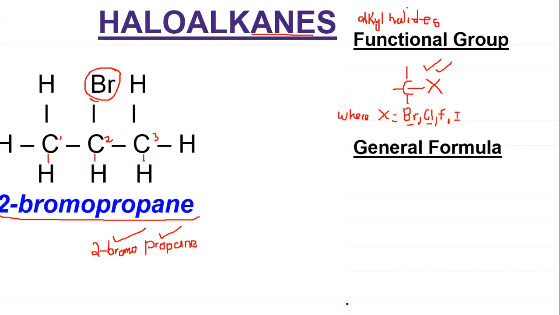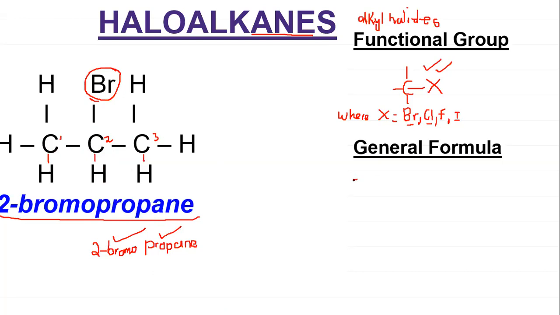Now, let us work out the general formula of haloalkanes. Now, I told you that if it becomes a bit challenging for you to remember, then you can actually determine the general formula here. So you can check how many carbons you have, and you can see that I have 3 carbons.